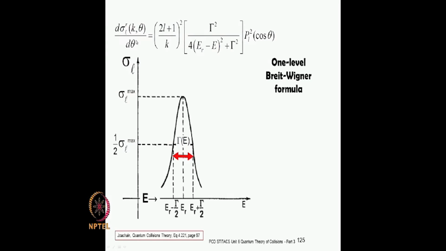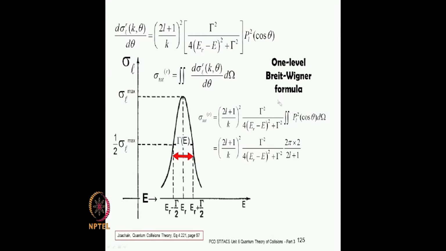You can get the total cross section, which will be given by the Breit-Wigner formula, or what is often called the one level Breit-Wigner formula. The total cross section you get simply by integrating the differential cross section over all the angles. So all you have to do is to integrate PL square cos theta over all the angles.